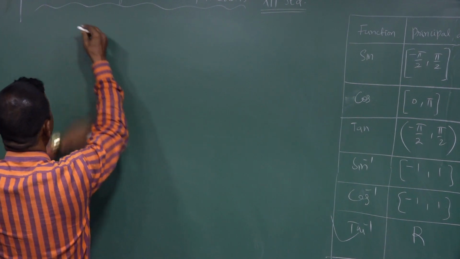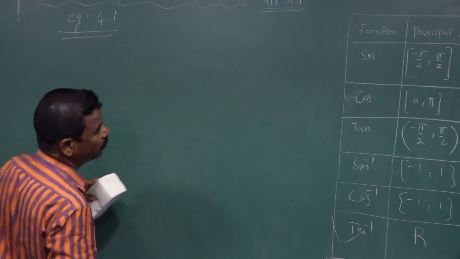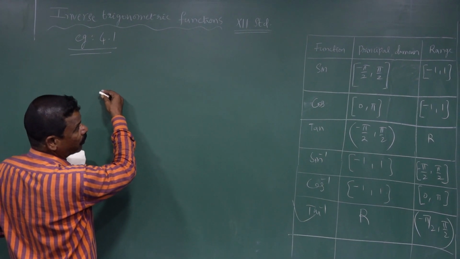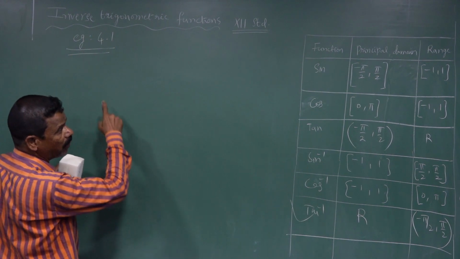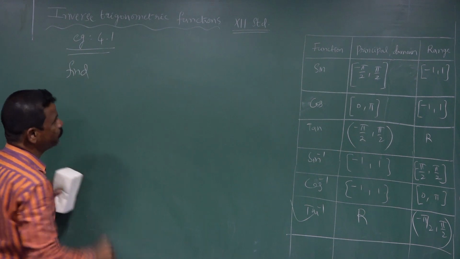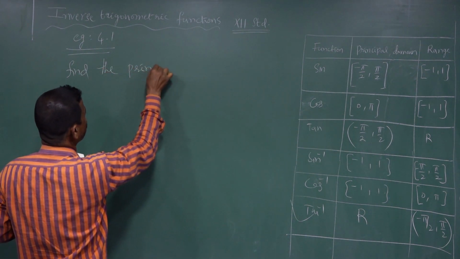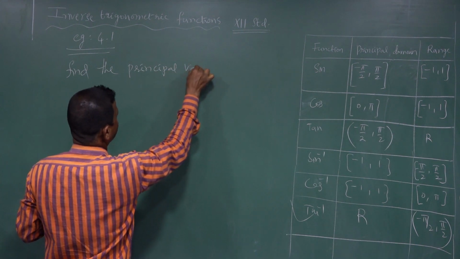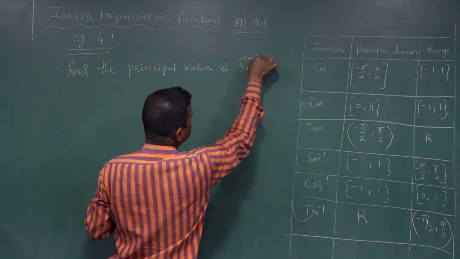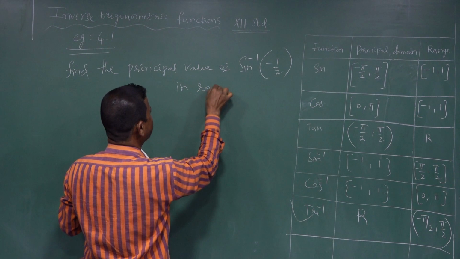Some problems. Example 4.1. In the exercise before, example 9.4.1: find the principal value of sin inverse of minus 1 by 2 in radians and degrees.